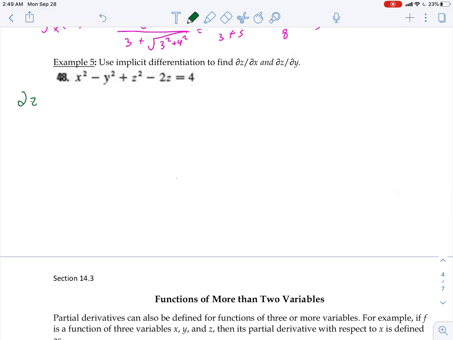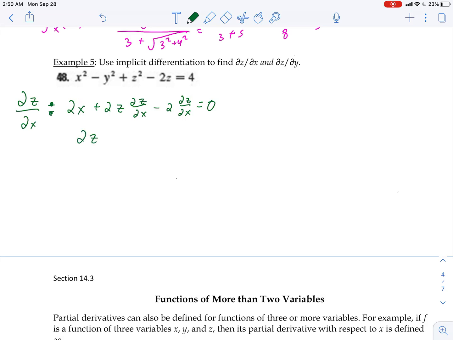So x squared is just going to be 2x. I'm going to denote this as partial z with respect to x. That equals, the derivative of x squared is just 2x, minus y squared, and remember, that's a constant because we're taking it with respect to x, plus the derivative of z squared, which is 2z partial z with respect to x, minus 2 partial z with respect to x is equal to 0.